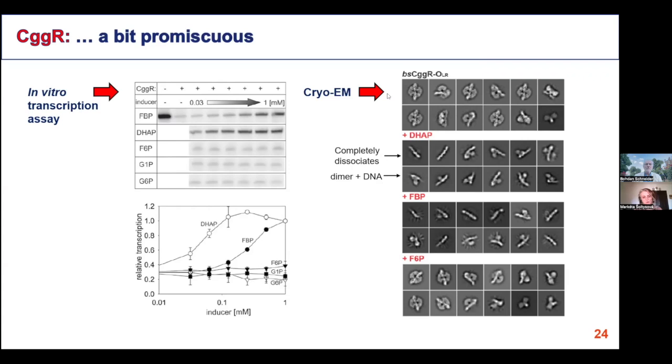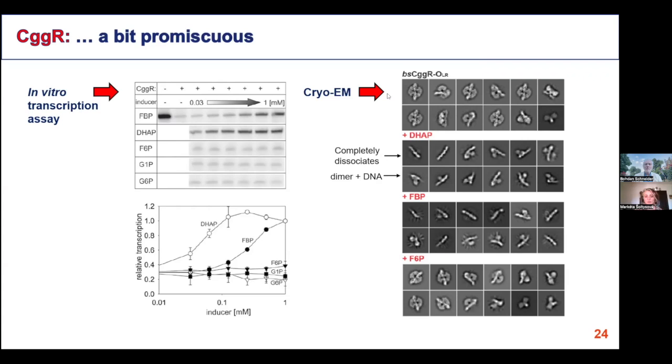For this, we used cryo-EM again, and the 2D classes clearly show that FBP and DHAP make the complex dissociate either completely or so that only a dimer remains attached to the DNA.